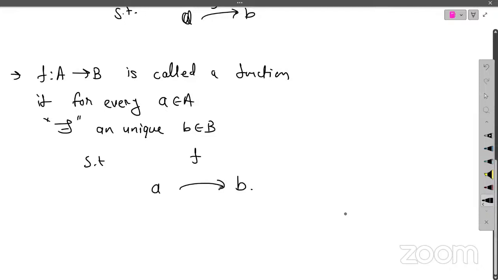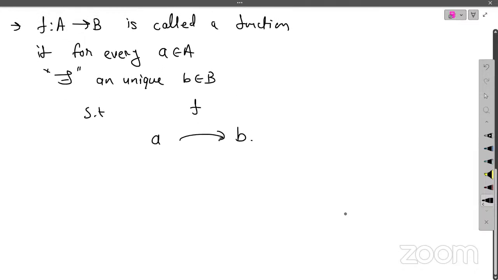Okay, so I'll start with a very basic example. This is our definition. We want a correspondence, or a map, or a machine which will take input from a set A and give us an output onto the set B, and it follows two rules. The first rule is every element of A should be taken as an input, and the second rule is for every input I want a unique output, not more than one output.